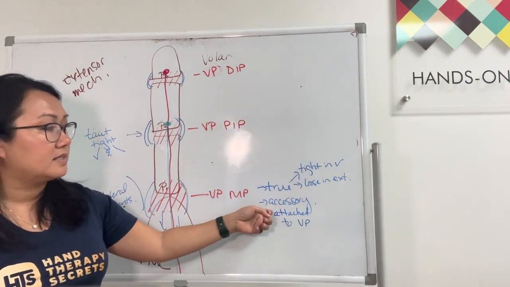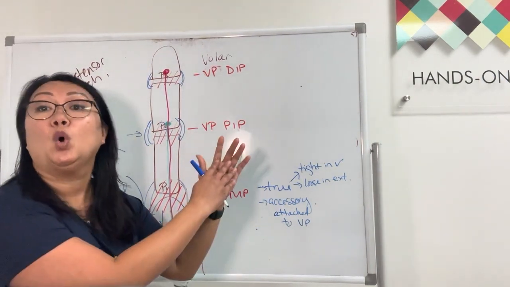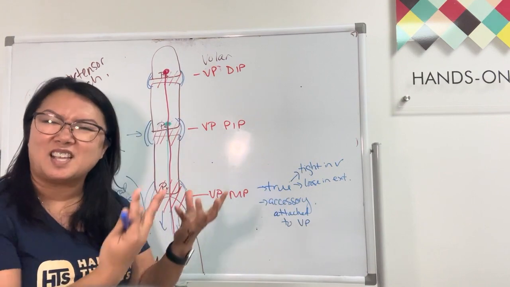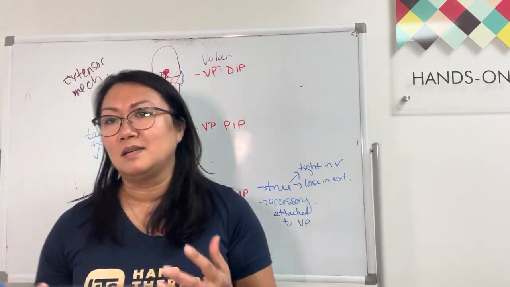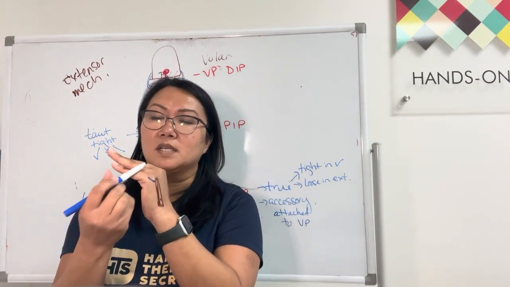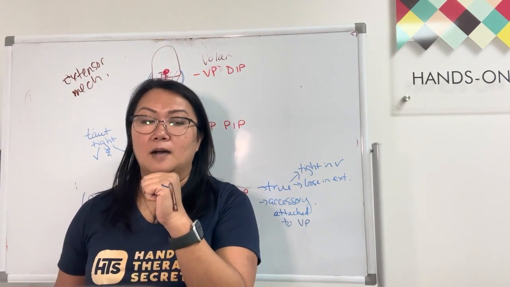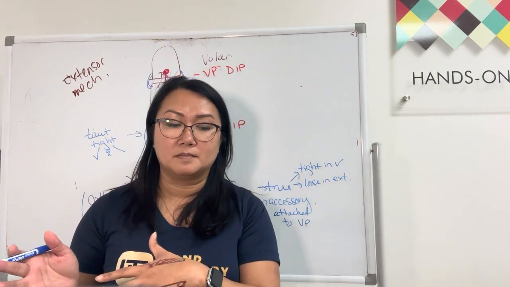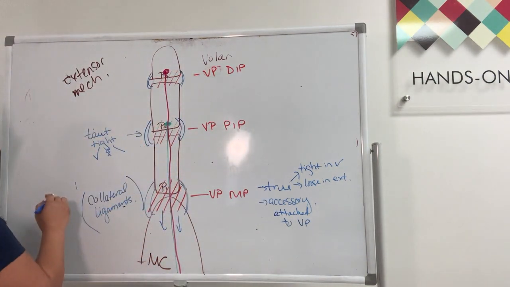Well, because the accessory portion of the collateral ligament is attached to the volar plate, it will also move proximally, so it will stay nice and loose. And that's why MPs need to be placed in a safe position of between 60 and 80 degrees, right? Does that make sense?